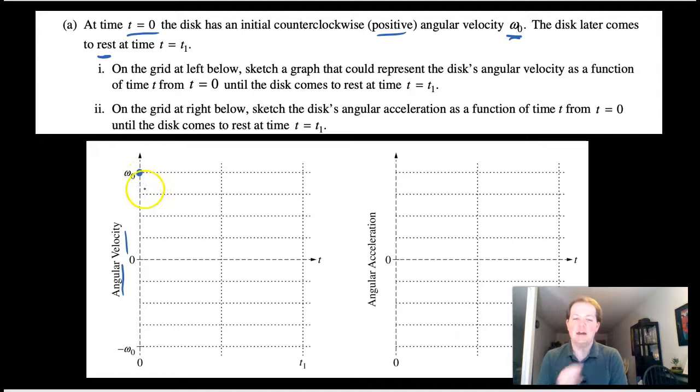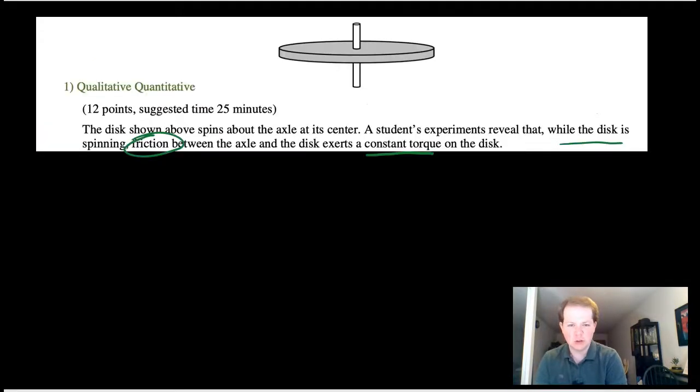Okay. Now let's think what's happening with this disk. It's spinning. Normally, like Newton's first law, an object in motion stays in motion. Normally, it would just be constantly spinning. But it says there's a constant frictional torque. Let's double check. Friction between the axle and the disk exerts a constant torque.